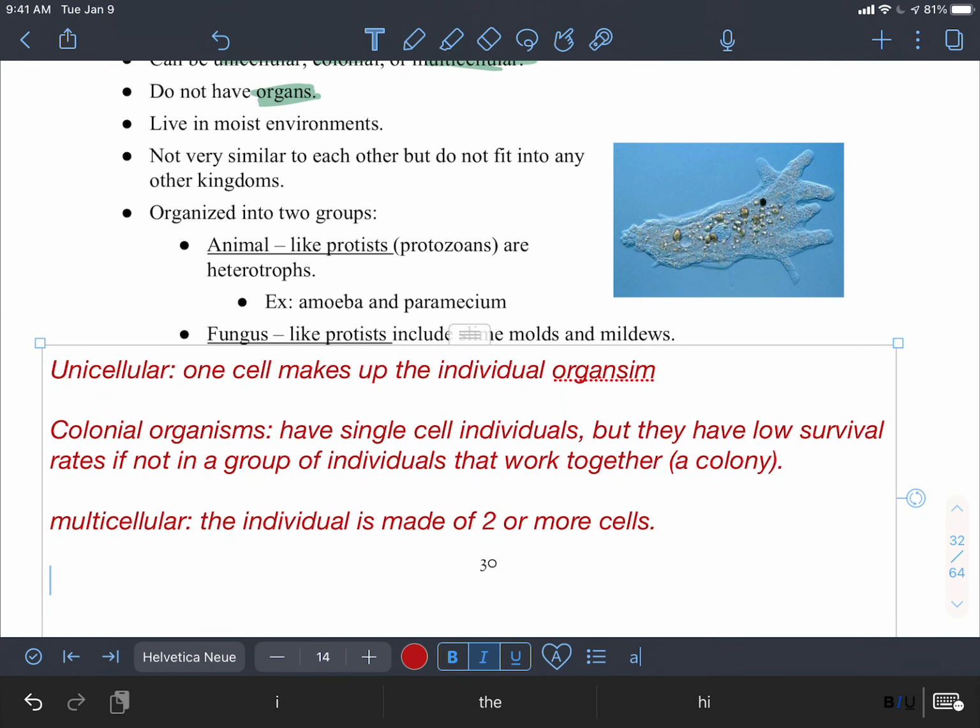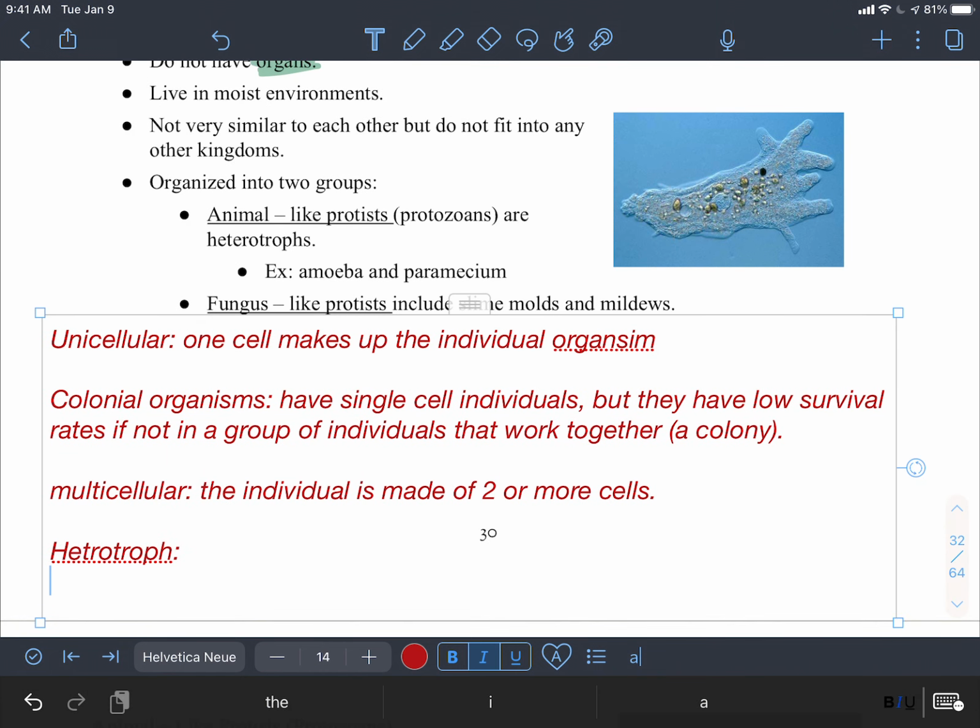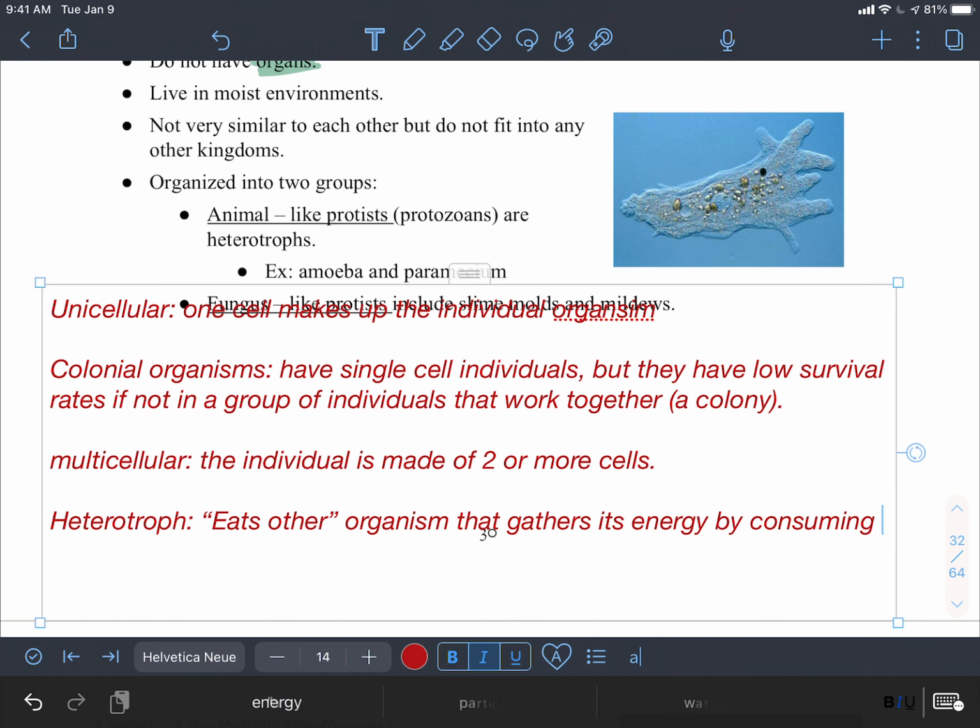So I'm just going to put in heterotroph here as part of our language. So a heterotroph, it's short for eats other. So this is an organism that gathers its energy by consuming other organisms.